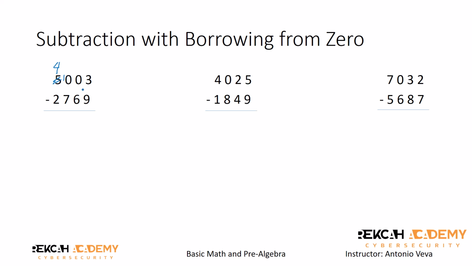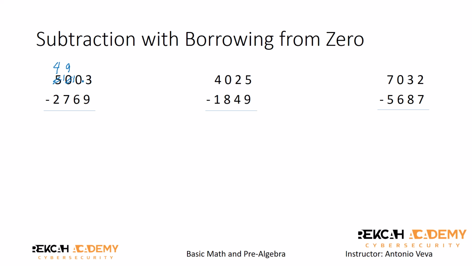And because we have another 0 in the tens place, we have to borrow from the hundreds place. We have to borrow 1 from the hundreds place, so we strike this 10, and this 10 becomes 9. Then we put the 1 here in the tens column.